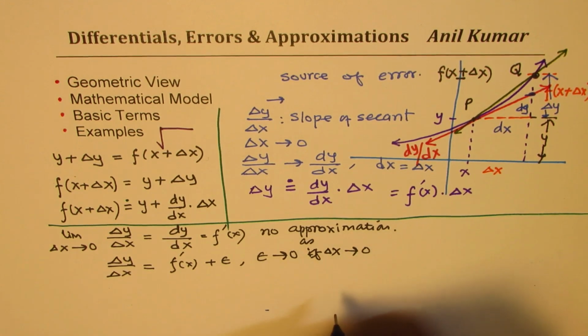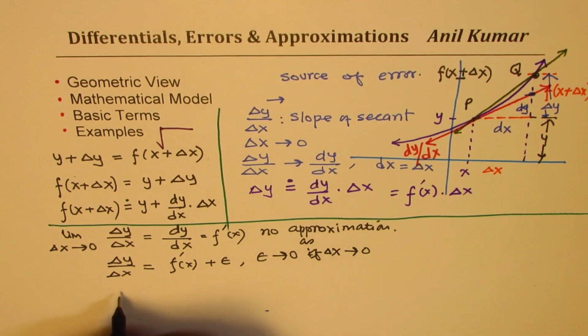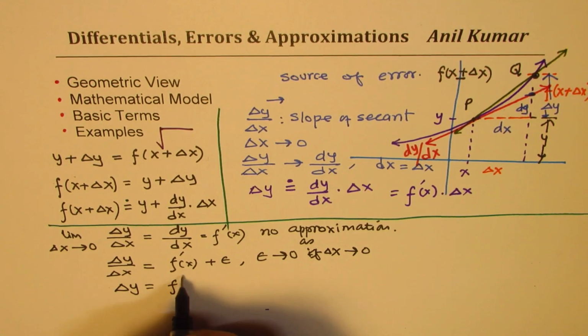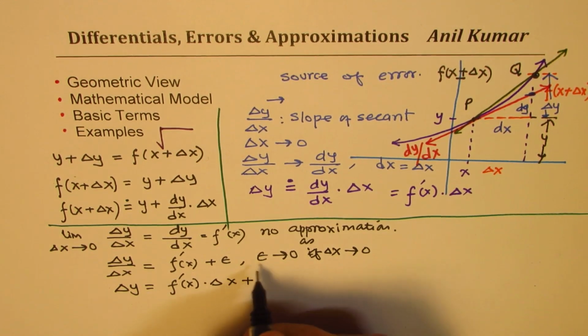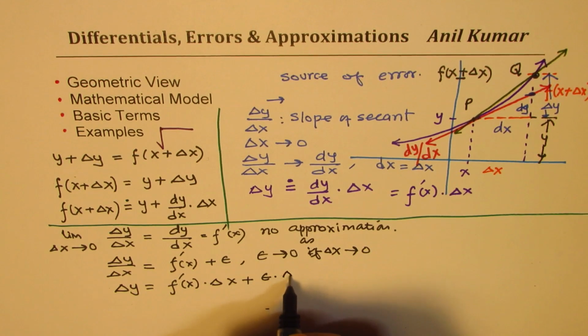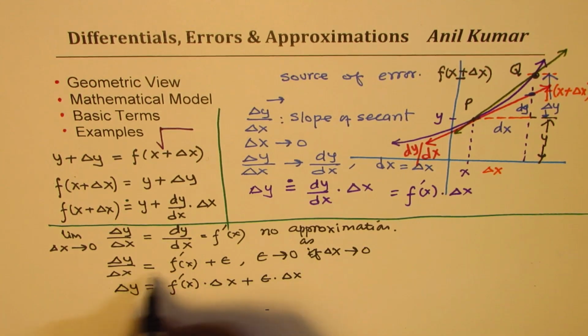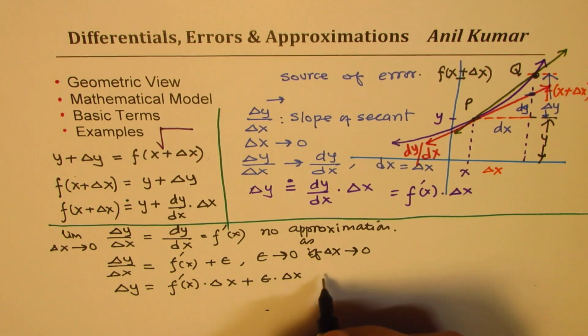So that is how they are related. So the exact value of delta y is basically equal to f dash x times delta x plus e times delta x, correct? So we just multiply with delta x. So that is the exact value.